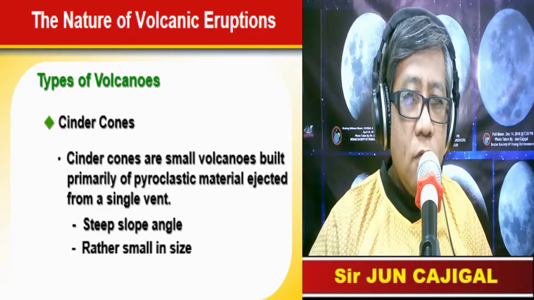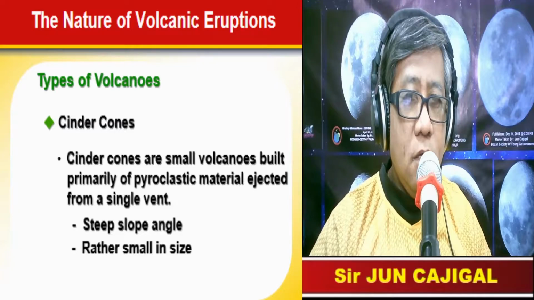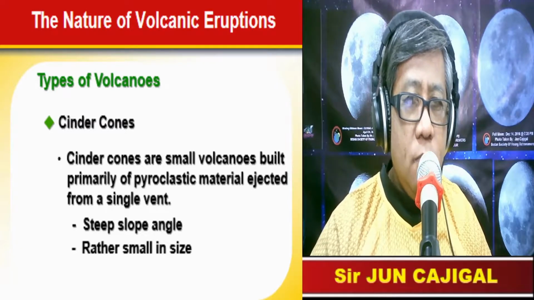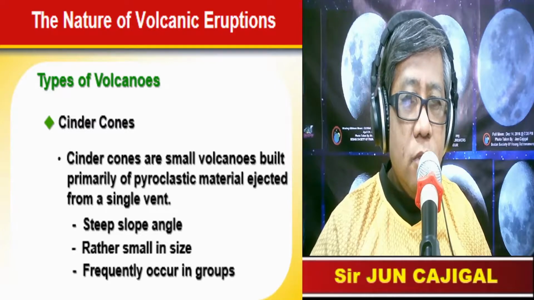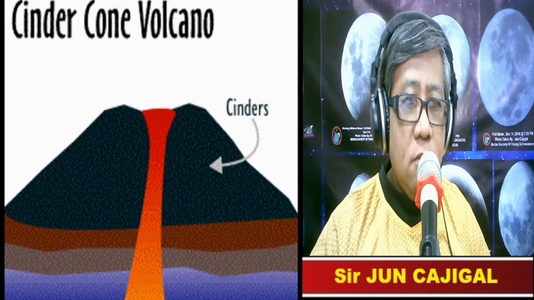Cinder cone volcanoes, in terms of appearance, have steep sloping sides, and these volcanoes are rather small, and they also occur in groups. In terms of composition, they are made primarily of pyroclastic materials, especially cinders.